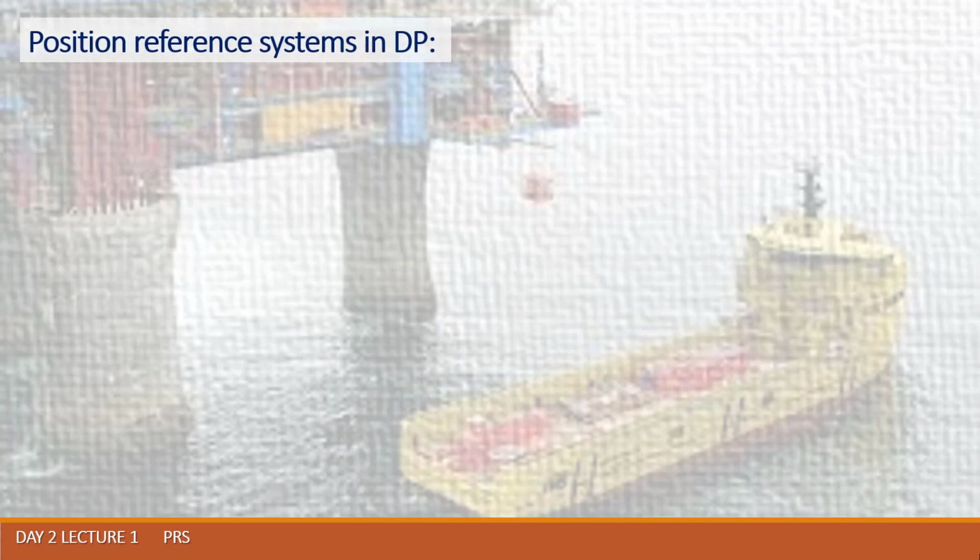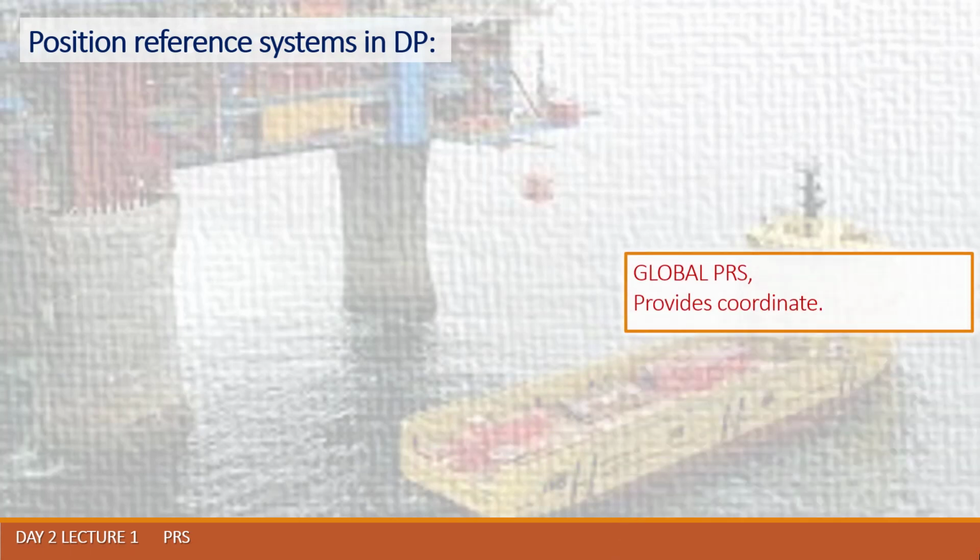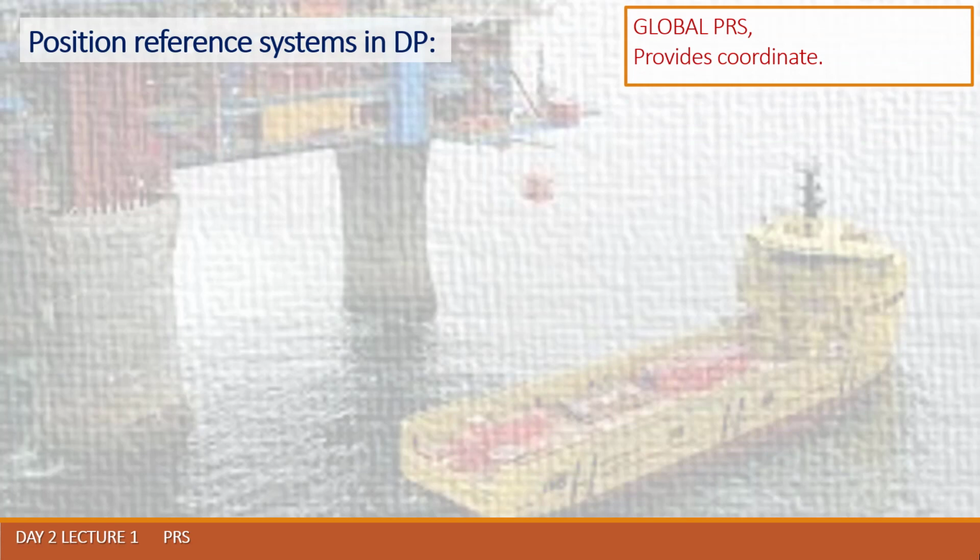Whatever equipment we use, it is not ideal, and there are some errors which appear in position information provided from a position reference system. And now we are going to discuss position fixing errors in the GPS system.